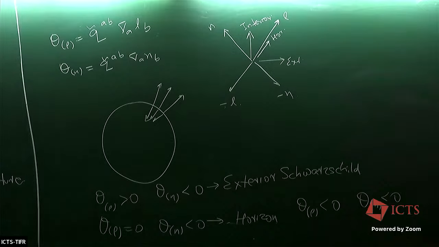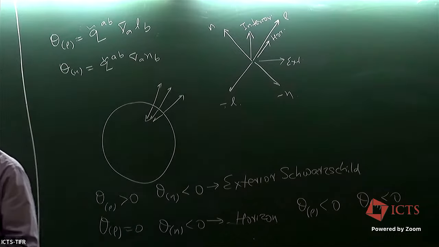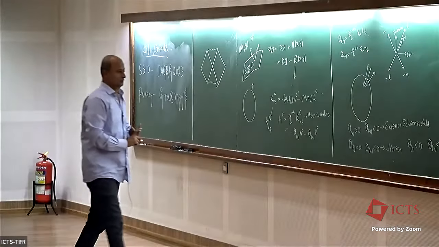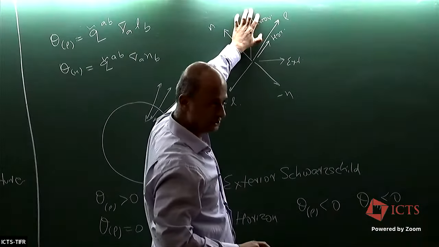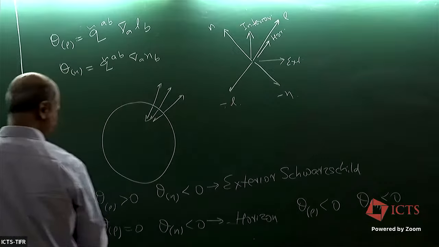So then inside the horizon, the mean curvature is time-like, outside it's space-like, and at the black hole horizon, it is null. So a surface here is said to be a trapped surface. So this is the trapped surface.